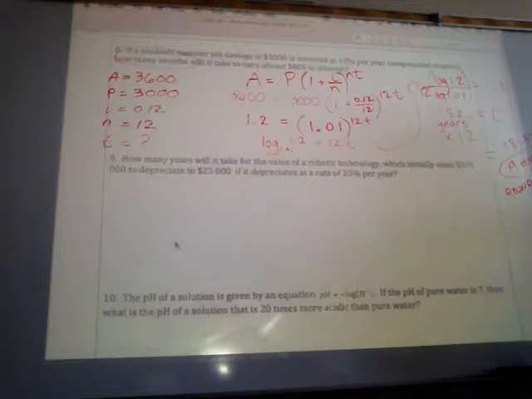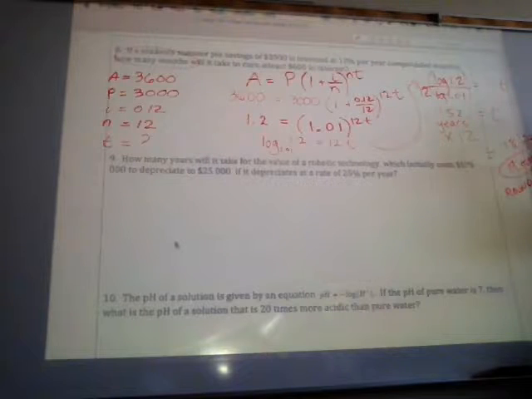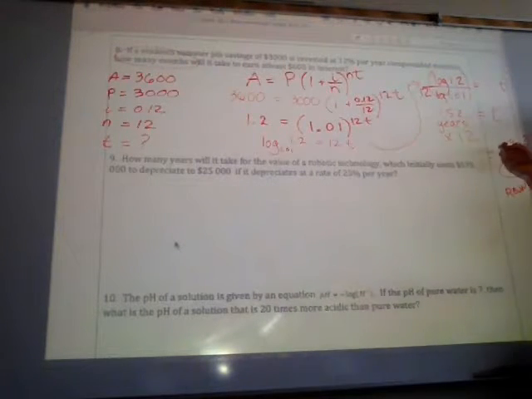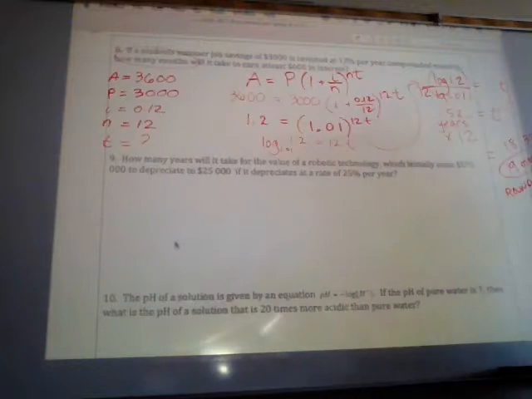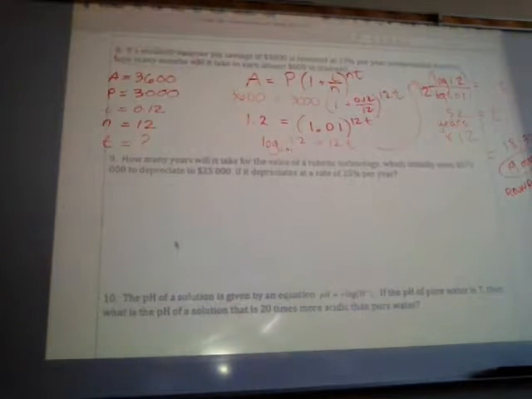Now, if they word it as round your answer to the nearest month, then you would just say 18 months. But if they say in how many months, then you would have to round up. So just be careful with the wording. If they say to the nearest month, then you just say 18. I know that's annoying, but you just have to be really careful. Okay, let's look at the next one.